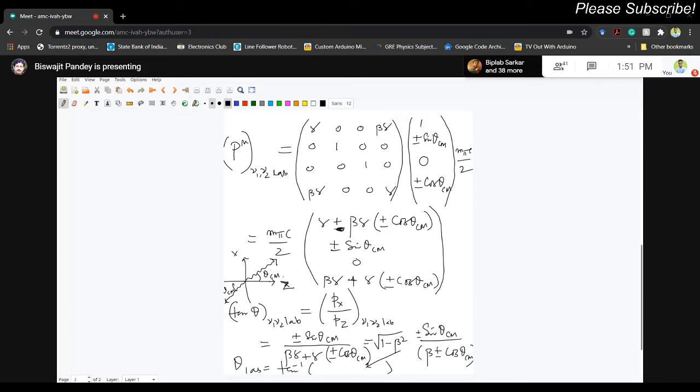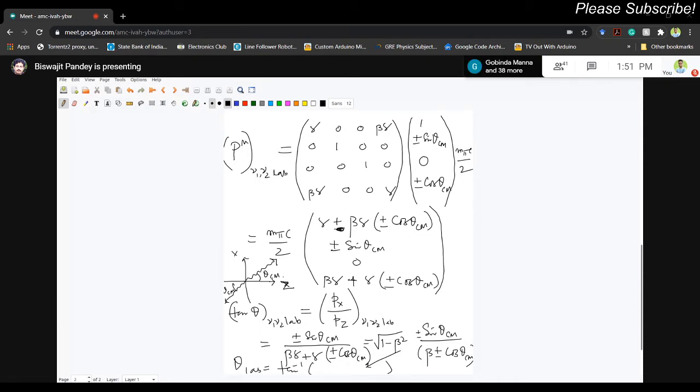Once you write that down, you have to figure out where you want to calculate the 4 components of the 4 momentum. Then you have to decide what should be the appropriate Lorentz transformation, and then it's a very trivial exercise. You just have to apply the transformation and calculate the different components. Fine. So this is just one example which is showing you that the angle could be different.